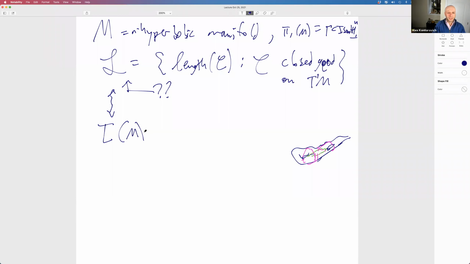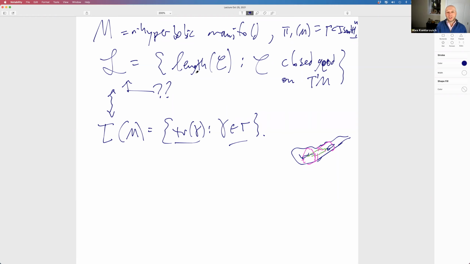So this is the set of traces of gamma in gamma, and of course traces are invariant under conjugation and so on. And of course only the hyperbolic traces have this correspondence, but regardless, there's this simple formula relating the two things.